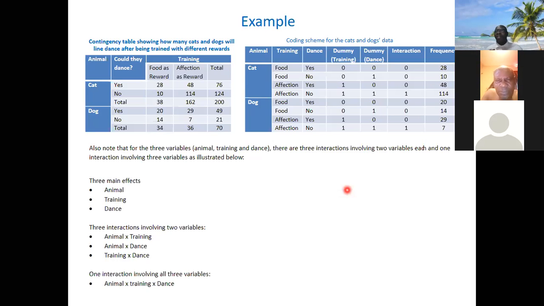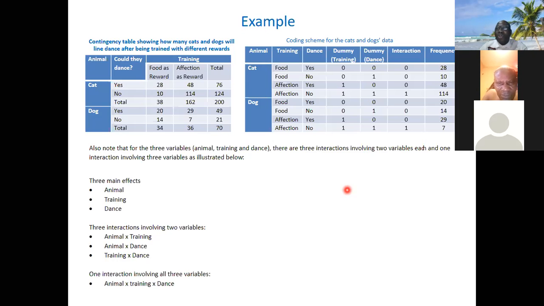So if you remember in our regression, before you can use any categorical variable for regression, you have to create dummy. So it's the same in log linear analysis also, you have to create dummy. You cannot just put them in, because for them to behave as if you are running regression, you must create dummy.